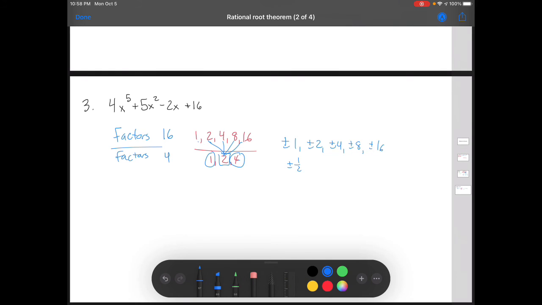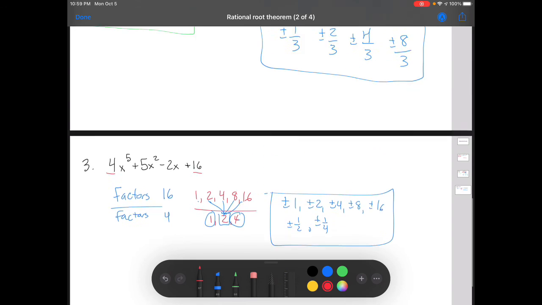We have 4. So 1 over 4. It's a new one. 2 over 4 is 1/2, which we have. 4 over 4 is 1, we have. 8 over 4 is 2, which we have. And 16 over 4 is 4, and we already have that. So when you get numbers like 4 and 16 that have something in common, like a GCF, or common factors, you may not have as many possibilities just because the fractions are going to reduce back to the same thing.